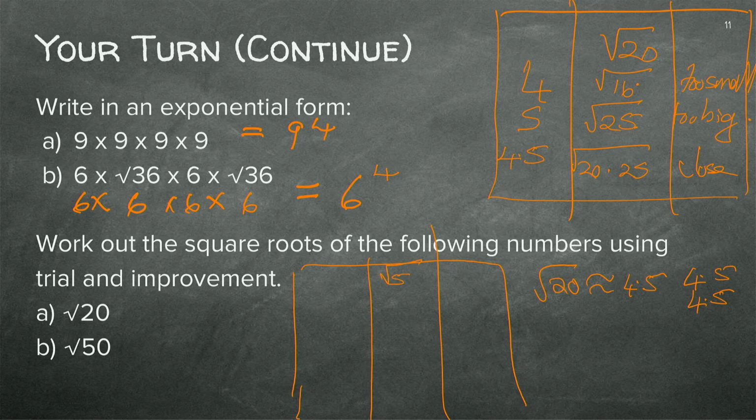So there's our 50. We know that the square root of 49 is 7. So this is too small, but it is just too small, to indicate how close to 50 that is. So we're not even going to go to 8. We know that our answer will be very close to 7.